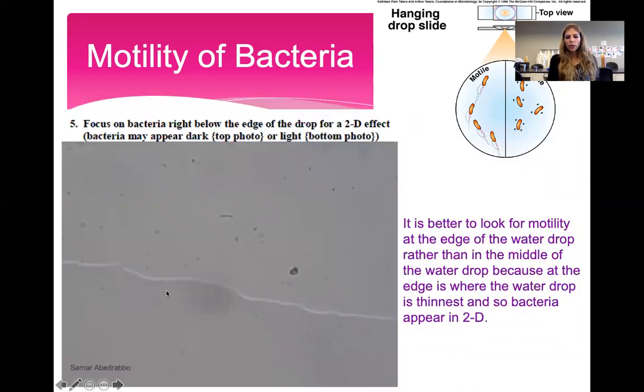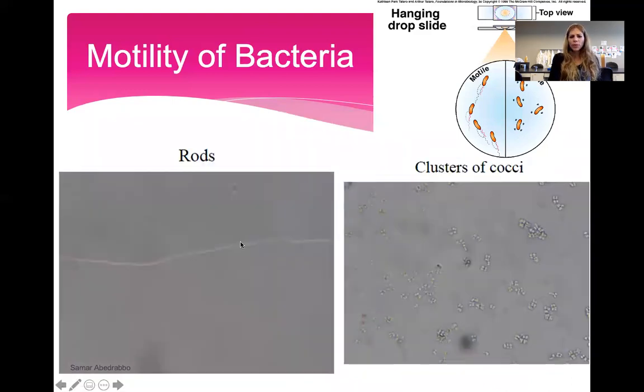So we try to focus on one edge in the microscope. And here I have the little rod bacteria, they're here. We try to look at one edge, not the middle, because on one edge you can see a 2D image so that you're not looking at a 3D image of bacteria. And it's much easier to see motility with a 2D image. So here's a picture of rod-shaped bacteria.